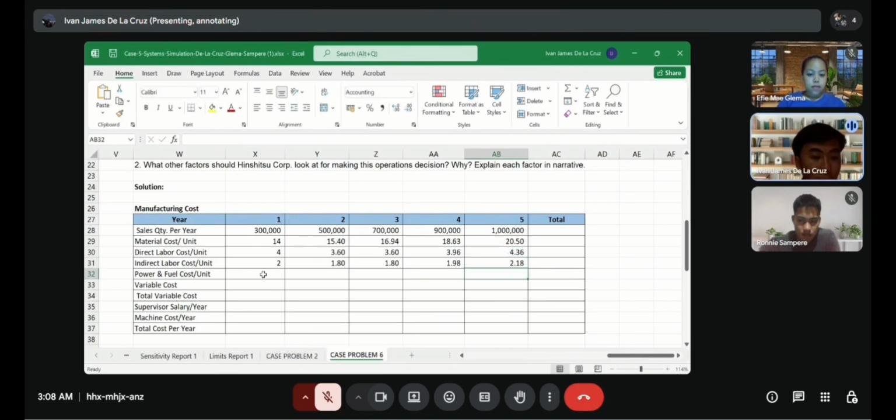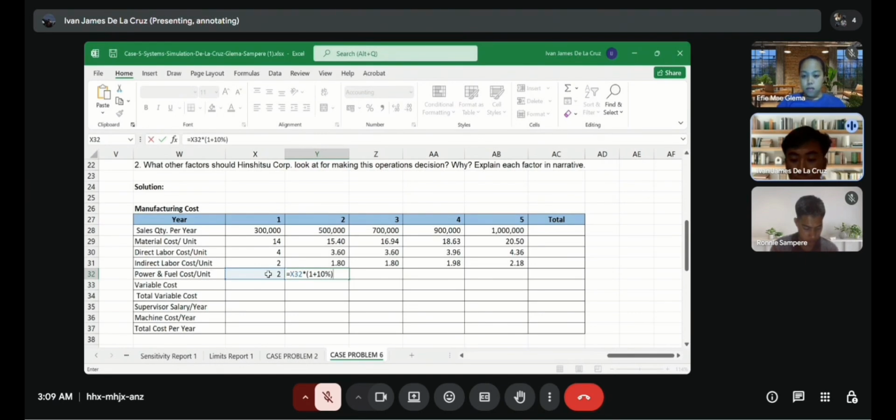So for the power and fuel cost per unit, it says fuel and power cost each unit are 2 pesos with annual increase of 10%. So 2 pesos with annual increase of 10%. Drag.